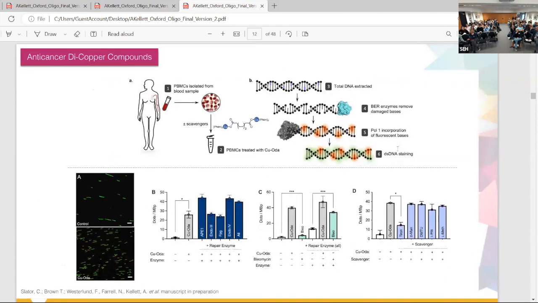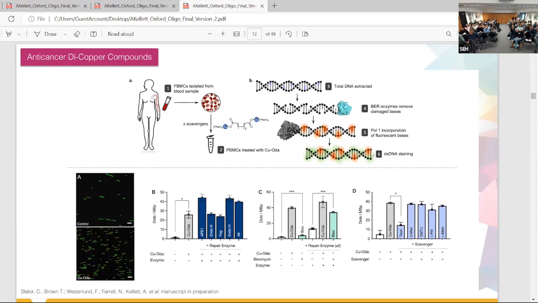So in collaboration with Frederick Westerlund from Chalmers University of Technology, we've looked at single molecule imaging of DNA. And here we can extract primary human blood cells, expose them to our drug molecule with or without radical scavengers, extract the DNA, and then introduce base excision repair enzymes, and then fluorescently labeled dNTPs.